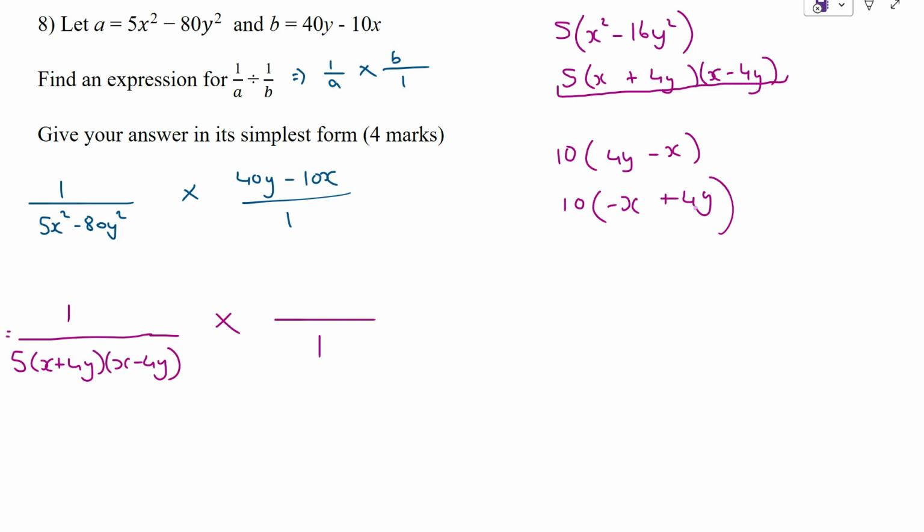We want these signs to be flipped around. So what we can do is multiply everything by minus 1. So that will give us minus 10 multiplied by x minus 4y. And now this bracket matches. So if we substitute this value into the numerator, we will be able to cancel out.